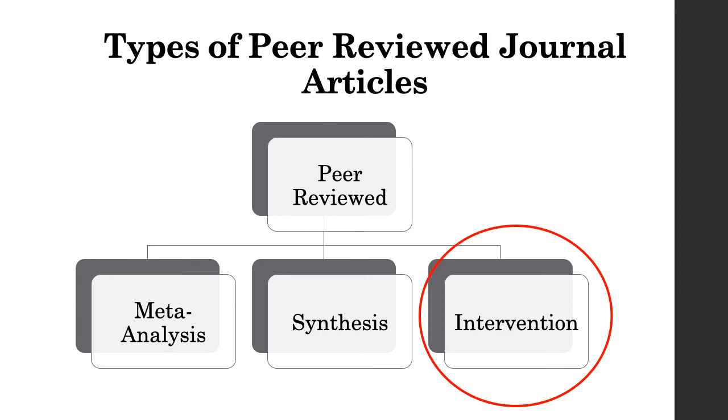So for instance, the self-regulated strategy development strategy in writing, there's lots of meta-analyses out there about how that is effective for students with disabilities and who need self-regulation. But there needed to be a lot of participants and a lot of studies in order to make that conclusion.